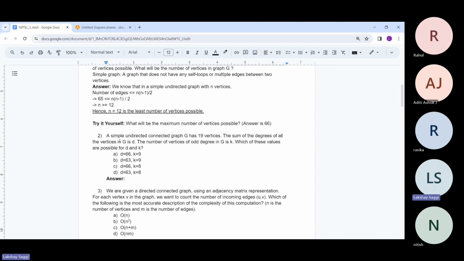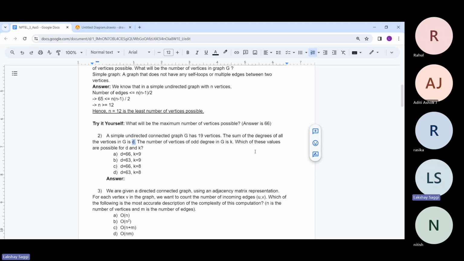So first of all, D should be even. The second thing is that the number of odd degree vertices, which is given as k in the problem, should also be even. So k should also be even.